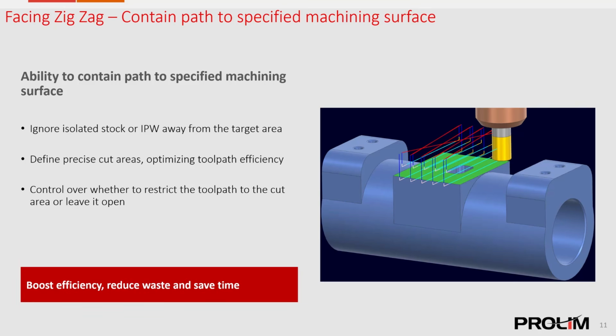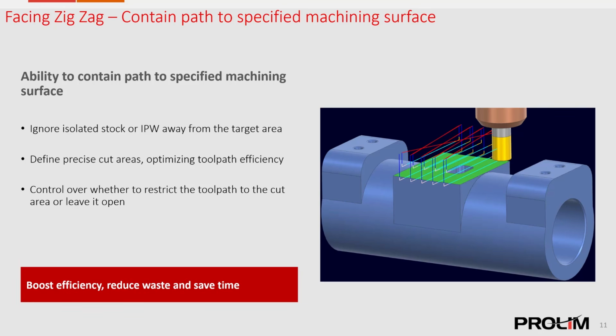This is especially important in jobs involving castings or irregular shapes, where excess material, also known as the in-process workpiece, may exist in various locations, so not always where you're actually trying to cut. Previously, NX would generate a toolpath if it detected IPW anywhere within the machining region of an operation.